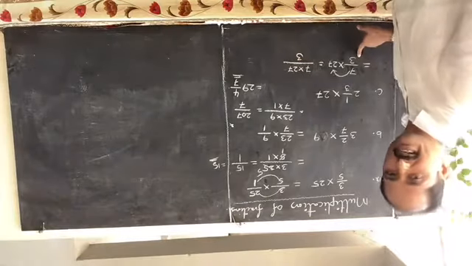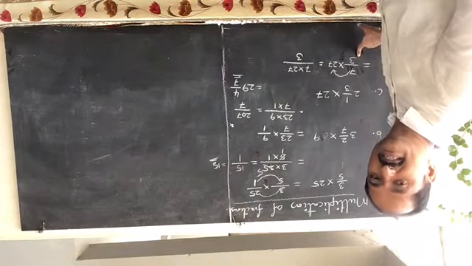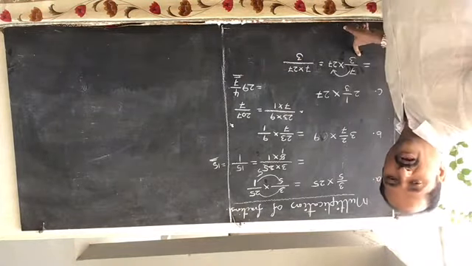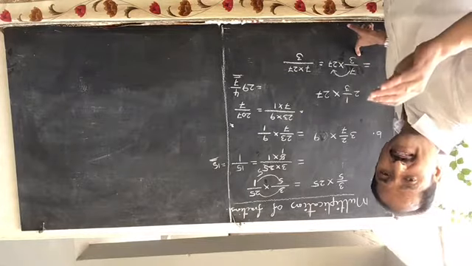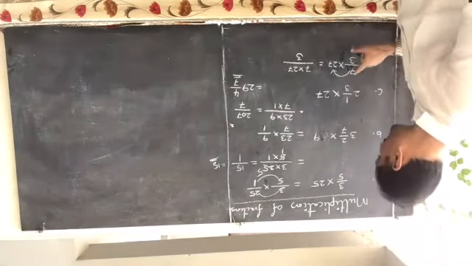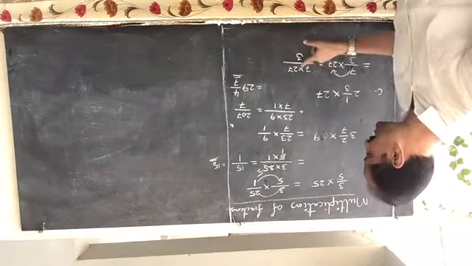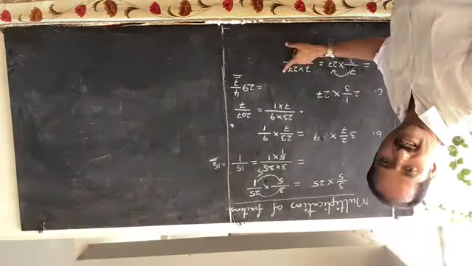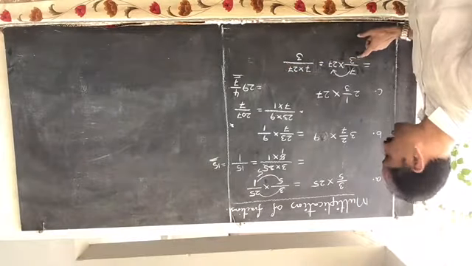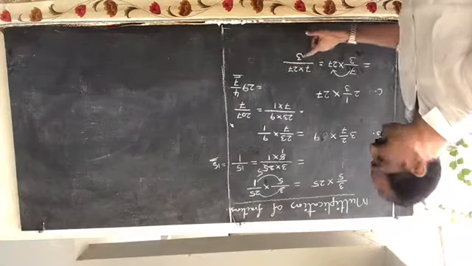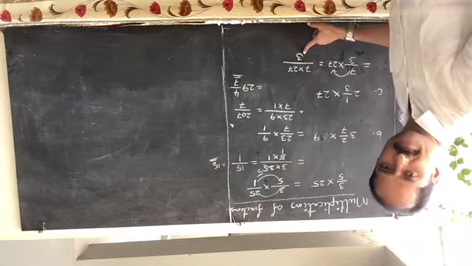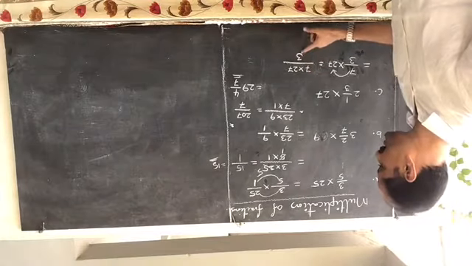So this is the rule. Okay, 7 into 27 by 3.